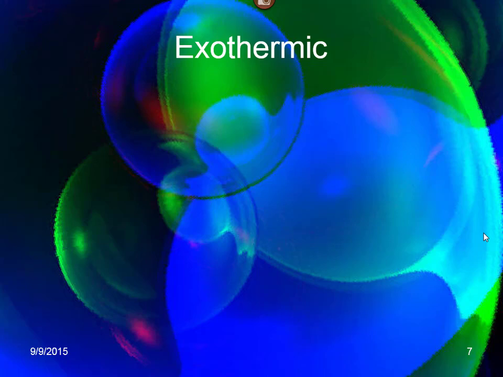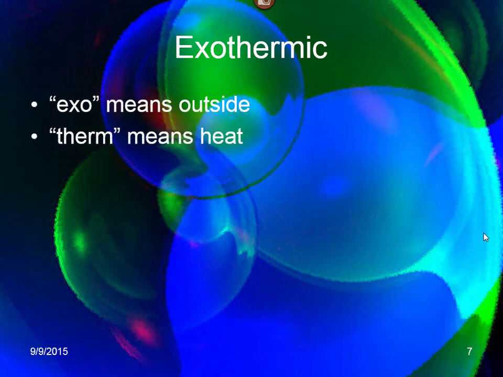Exo. An exit. Or if you're thinking about bugs, exoskeleton, which means they wear their bones on the outside of their body. Or an exit means to leave the building. Exothermic, exo means outside, and the thermic part usually refers to heat. So when you put those two things together, this is the change that describes heat that is leaving the system.